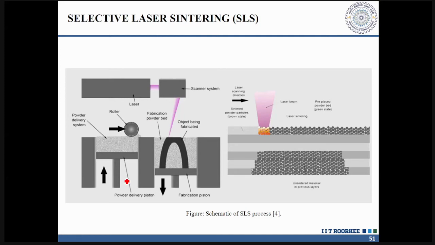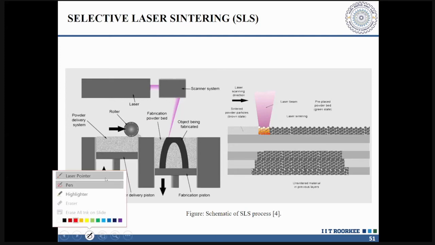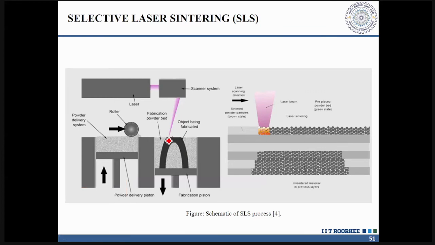So see, wherever this laser is falling, the temperature rises over there locally. There is a localized rise in temperature. With this localized rise in temperature, the powders fuse. So wherever this laser hits, the powders agglomerate against each other and form a solid structure, while the other powder remains as it is.